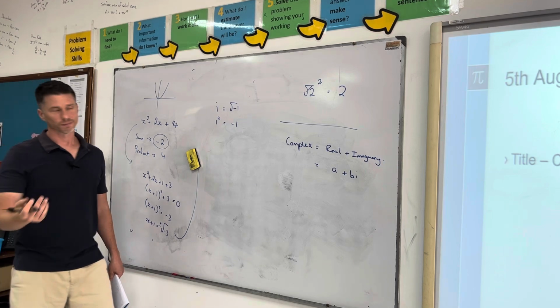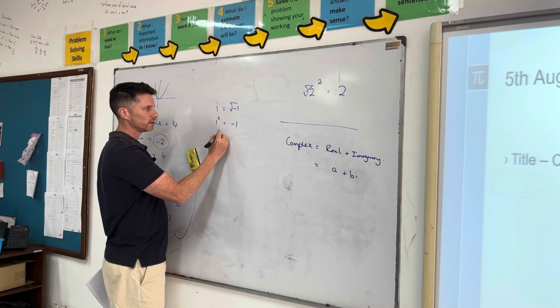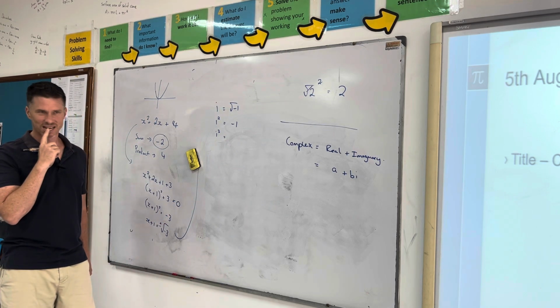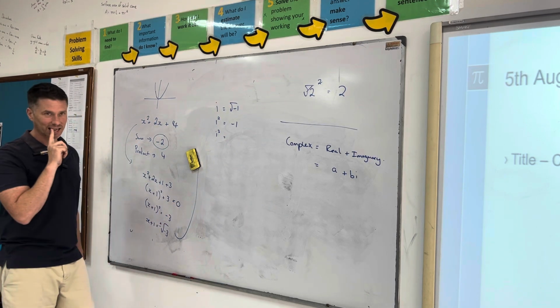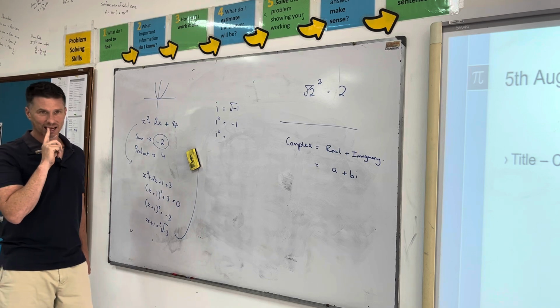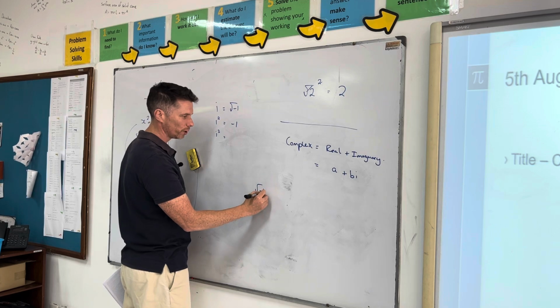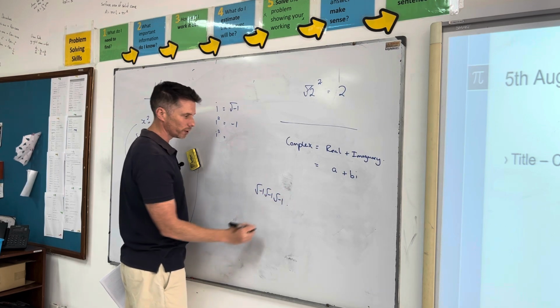What's i cubed? It's root -1 again, times root -1 times root -1.